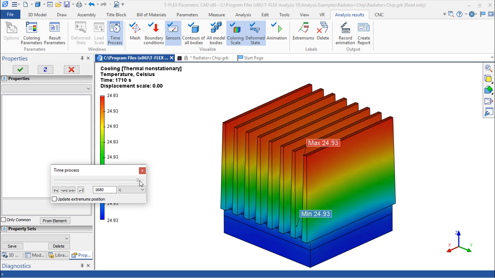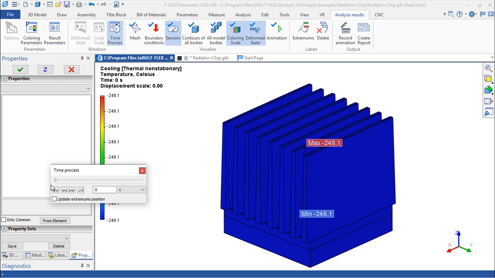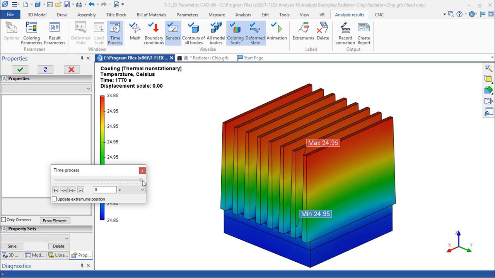I'm not sure what parameter I've missed, probably some initial condition to have such a lower value, but you know that after approximately 15 minutes it will reach the 25 degrees that then became more or less steady.